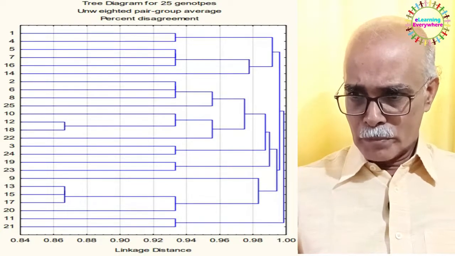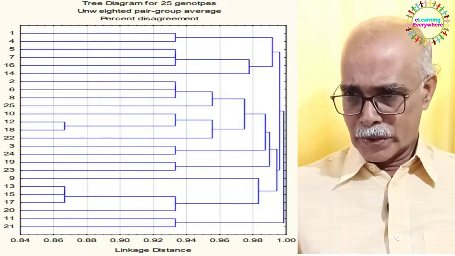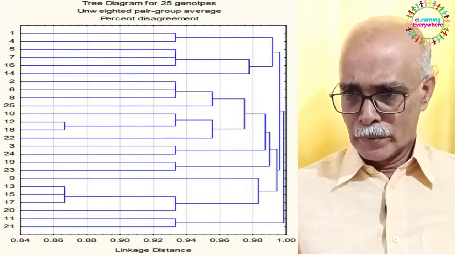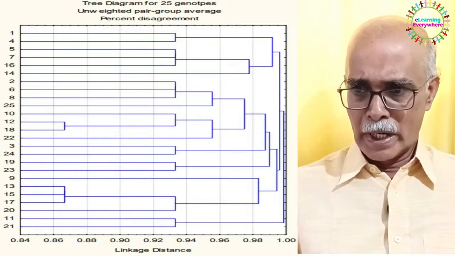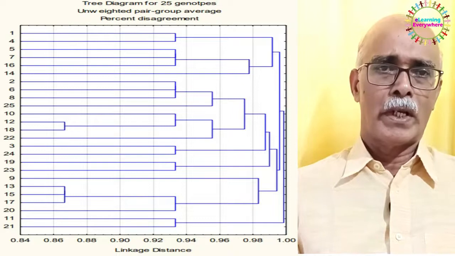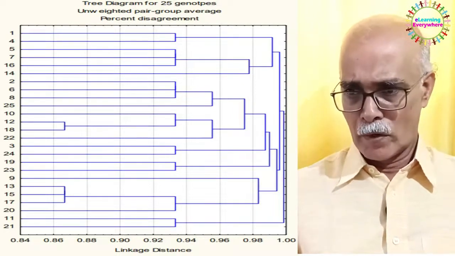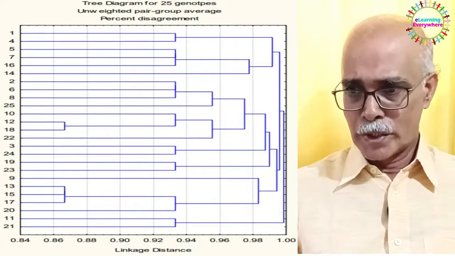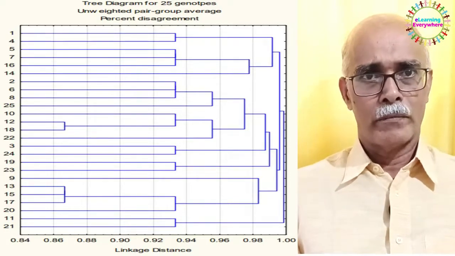The 2 genotypes of the small cluster again got subclustered into 2, the 21 and 11, and they formed the leaves of the tree directly without much branching of the branches.